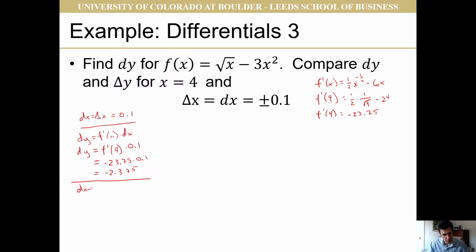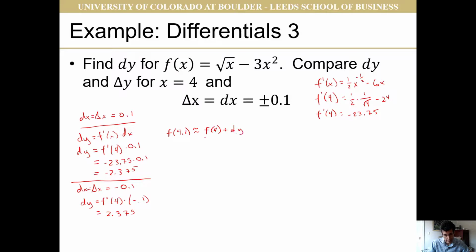And for dx equals delta x equals negative 0.1, dy equals f prime of 4 times negative 0.1, which is going to be 2.375.